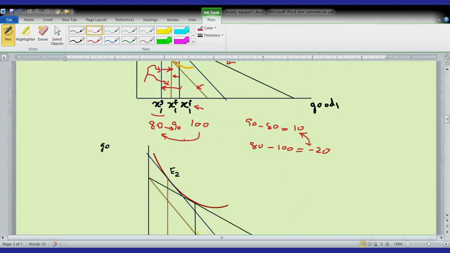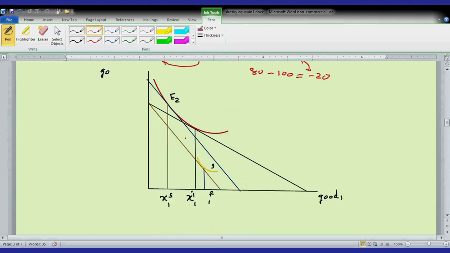A little bit different is this case, where again the same things have been plotted. E1 is the initial point of equilibrium, and after an increase in price of good 1, we find that we are along this brown budget constraint, but the tendency now is occurring at point E3.